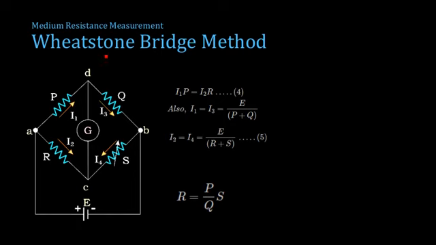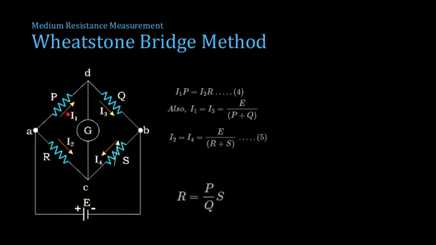The second method that we are going to discuss is the Wheatstone's bridge approach, and this is one of the most commonly used methods for measuring medium resistances. Here we have 4 resistors connected in a bridge manner. It is composed of adjustable resistors, and R is the unknown resistor.